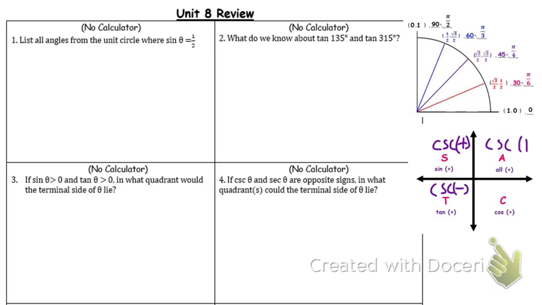Cosecant is positive here, and cosecant is negative here. Secant is going to be positive here, but it's going to be negative here because the reciprocal is cosine. Secant's going to be negative here.